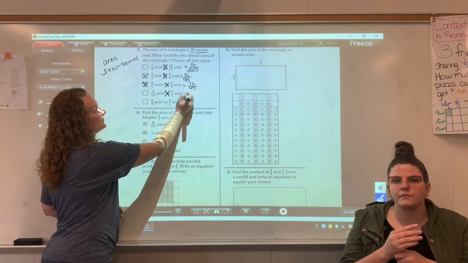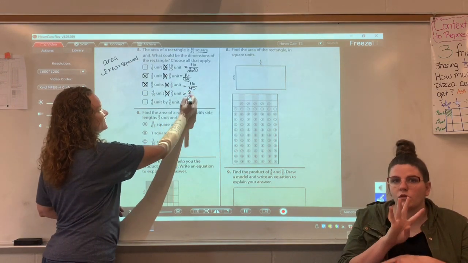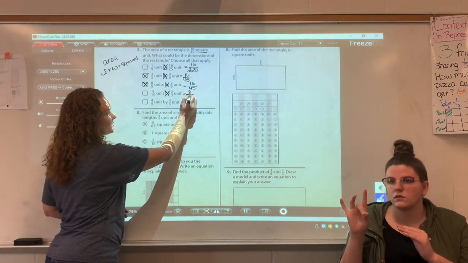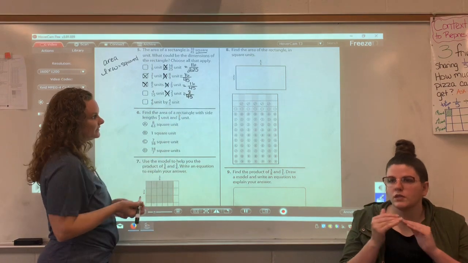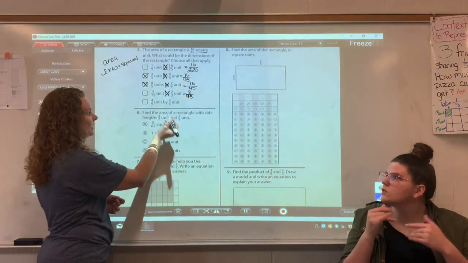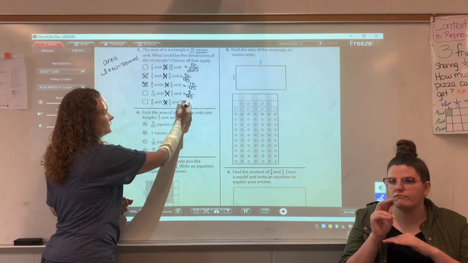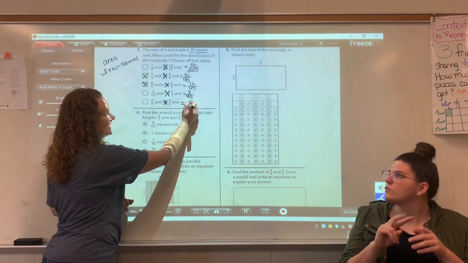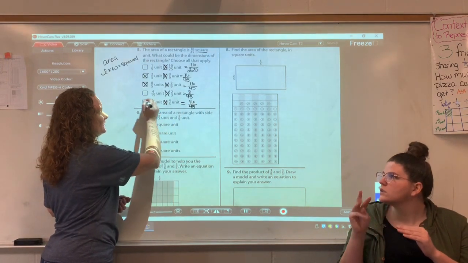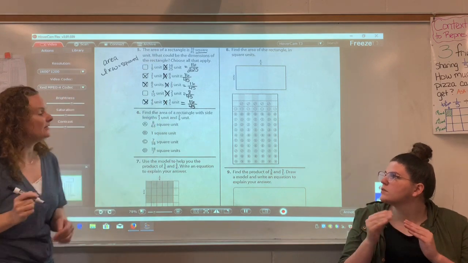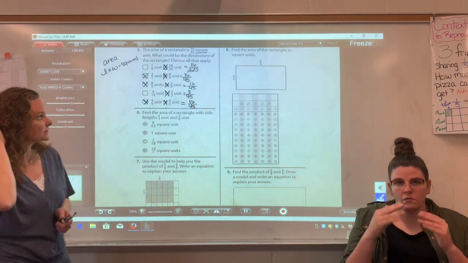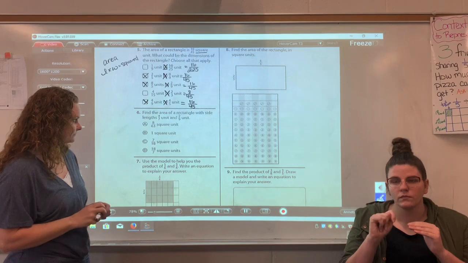By, 4 times 2 is 8. 15 times 3 is 45. 8, it has the right denominator but not the right numerator. This one by, 4 times 4 is 16, and 9 times 5 is 45. So there we have 3 that equal into the square unit of 16/45.